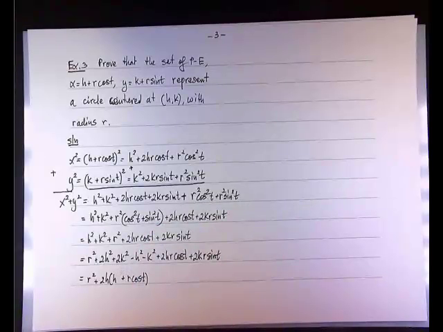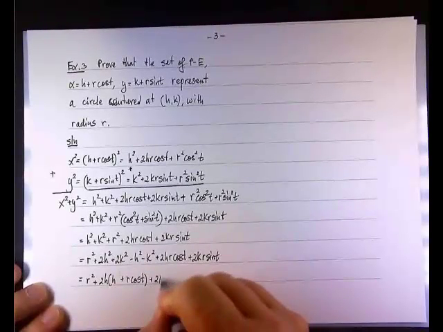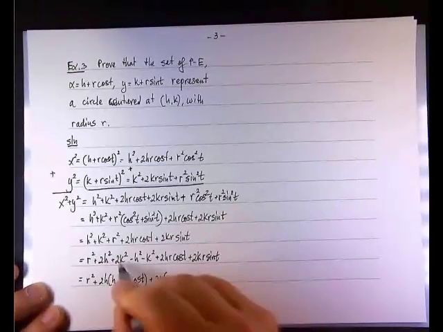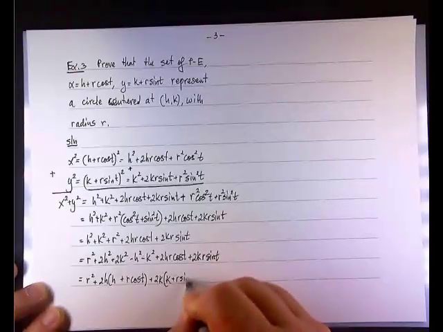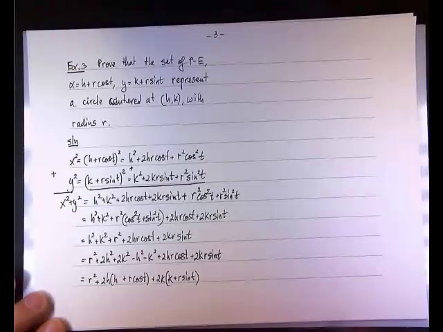Now, I'll do the same thing. I see that I have 2k squared and I have 2kr sine t. So I'll factor the 2k. So I'll have 2k, and from here I have k, and from here I'll have r sine t. And let's collect what's left.